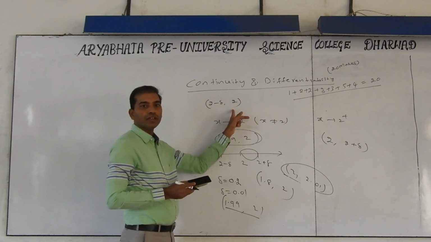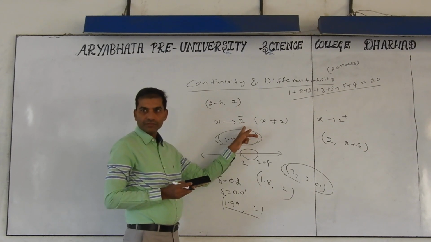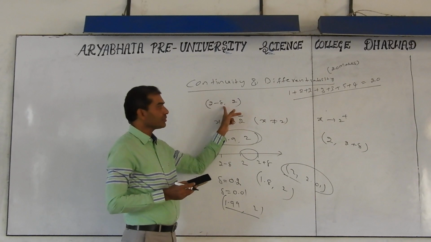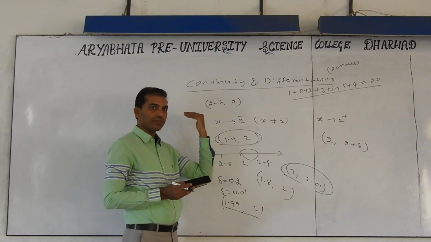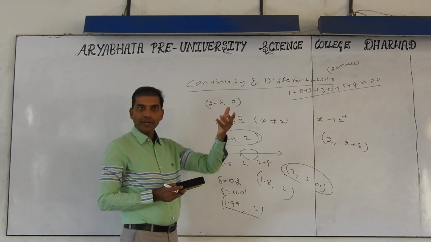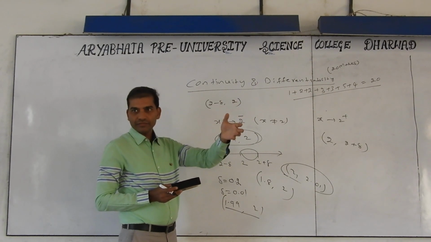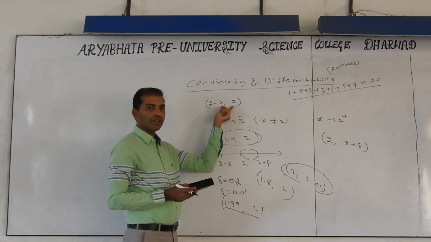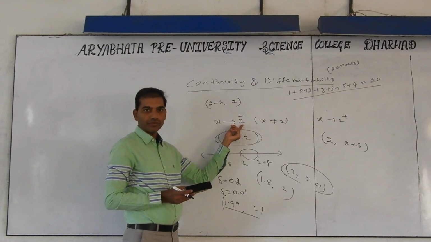This is called the left neighborhood of 2. So values like 1.9, 1.99, 1.8 belong to this interval.